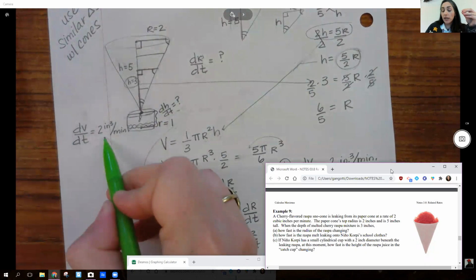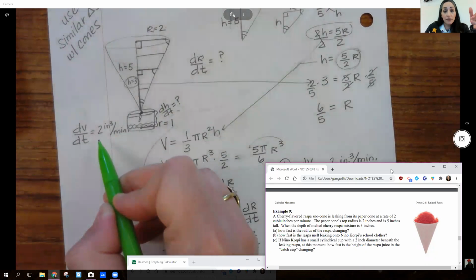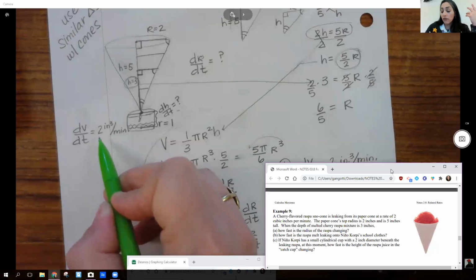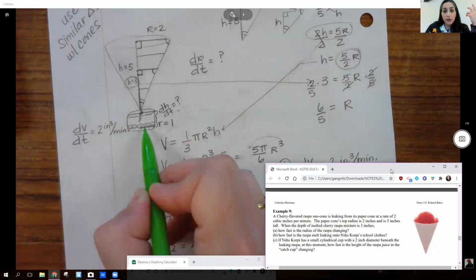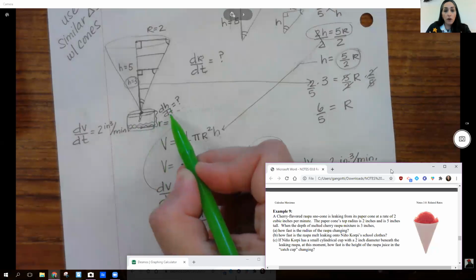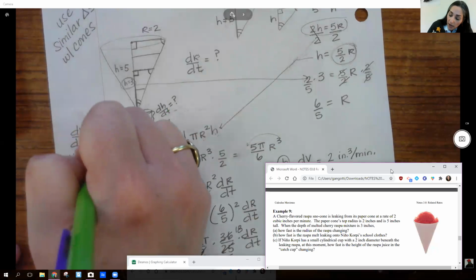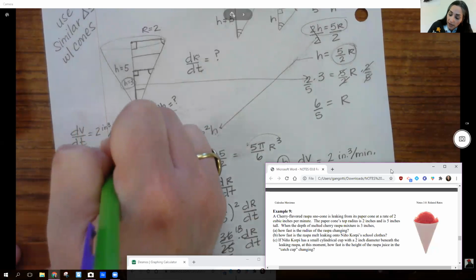And so therefore its rate of change of volume needs to be positive. It's not negative anymore, it's positive. If we know the volume of a cylinder, we can take the derivative of that formula and solve for the change in height, dH dt. So volume of a cylinder is pi r squared h.